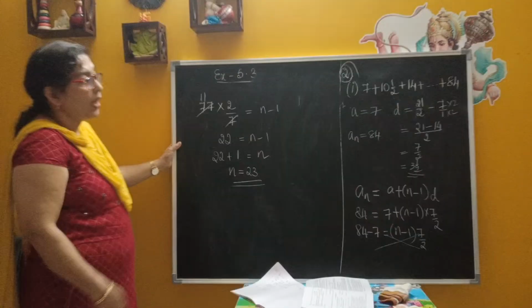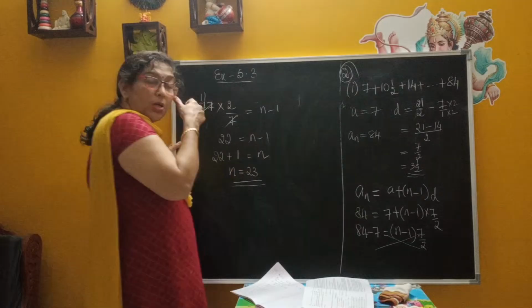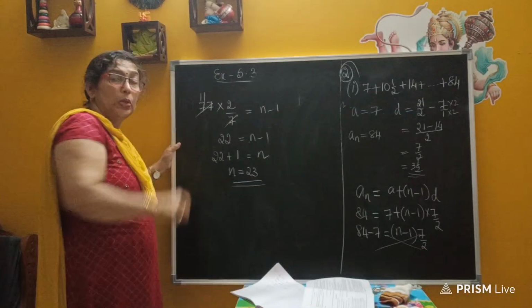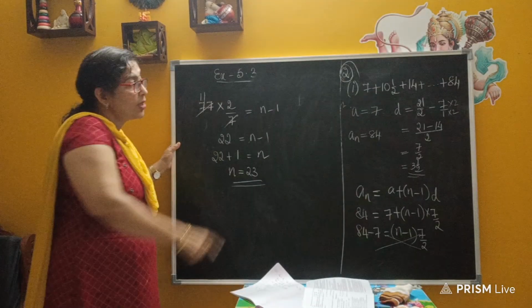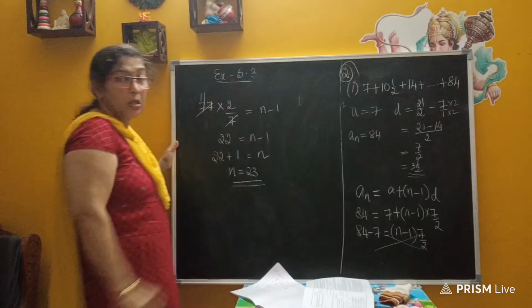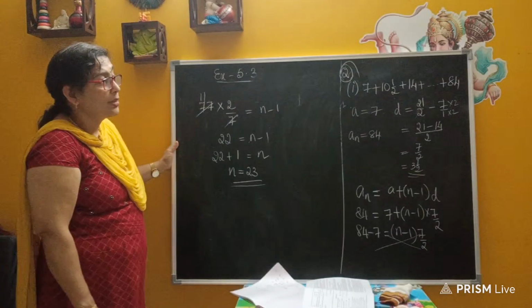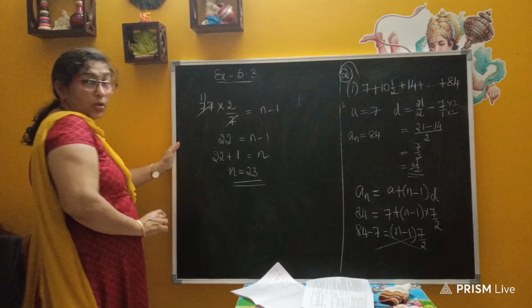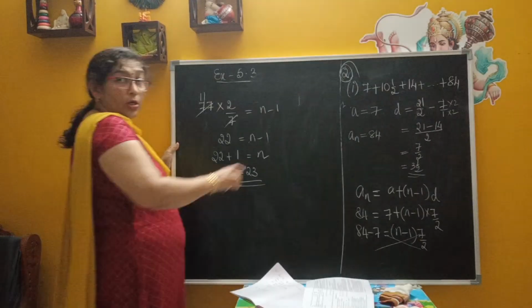Now let us use any of the formulas. First formula, if you want, use that: N by 2 into (2A plus (N minus 1) into D), because A, D, N, everything we have. Or another formula directly, that is Sn is equal to n by 2 into (a plus l). I am going to use that formula now.